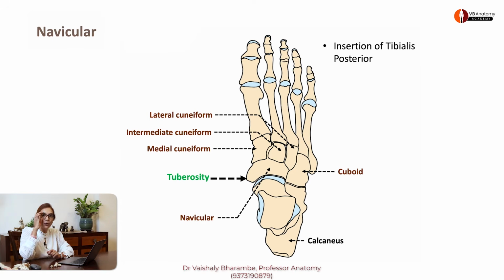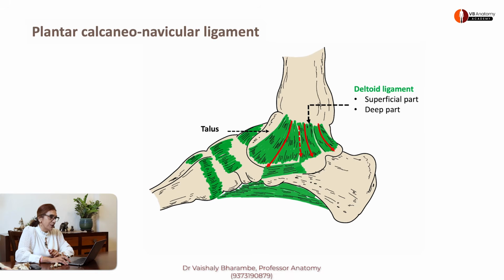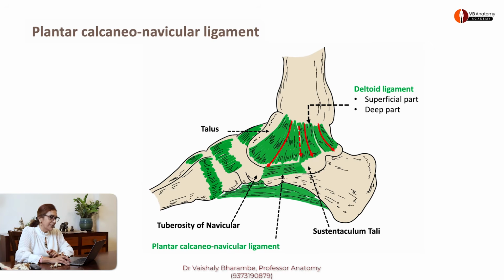Of course, it's attached to a lot of other bones, but majorly to the navicular tuberosity. So you can see the navicular tuberosity also receiving the attachment of the plantar calcaneonavicular ligament, extending from the sustentaculum tali to the navicular bone. So that's the navicular.